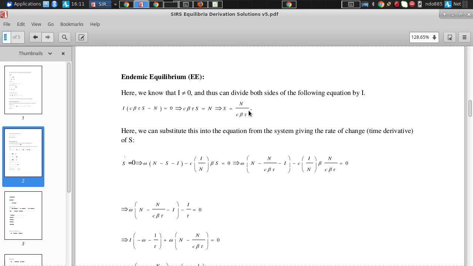And then in order to do that, you're often going to be able to break it up into two cases, like one where I equals 0. That's going to correspond to the disease-free equilibrium. Here, I equals 0. That's the definition of this. And then there's going to be a case where I does not equal 0.